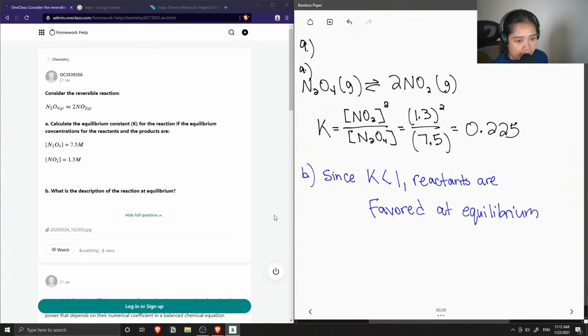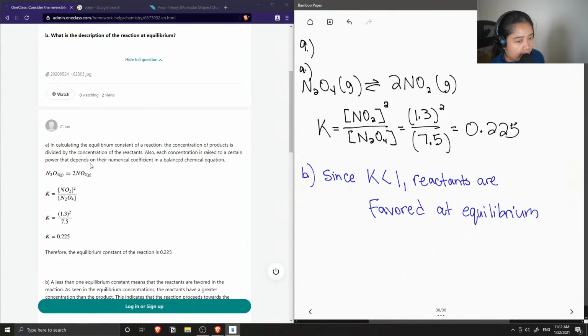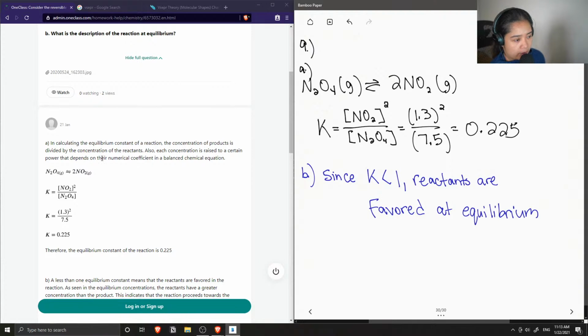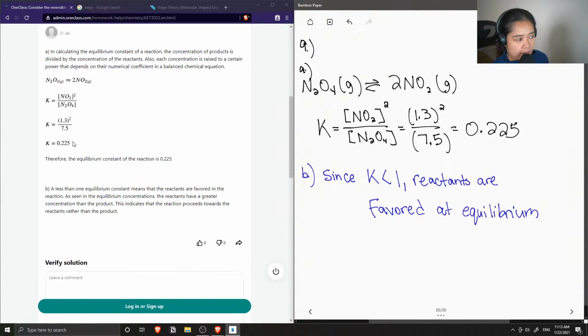Okay, so now let's see what the junior tutor said. For part A, in calculating the equilibrium constant of a reaction, the concentration of products is divided by the concentration of the reactants. Also, each concentration is raised to a certain power that depends on their numerical coefficient in a balanced chemical equation. Okay, so we have our balanced reaction. They have the same K expression and also got an equilibrium constant of 0.225.